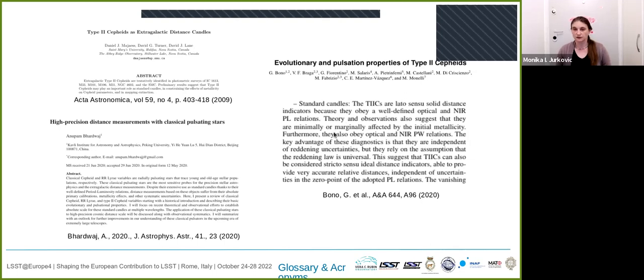It is also in some ways even better than using classical Cepheids, since in the near infrared, the period luminosity relation they follow misses the problem with the reddening.